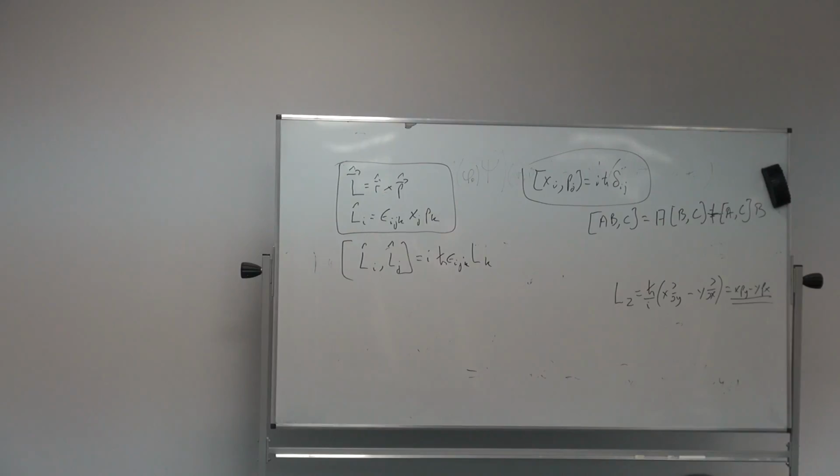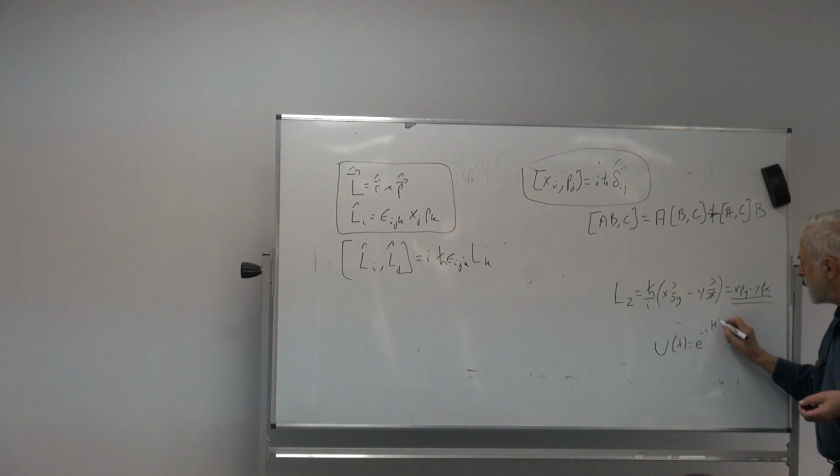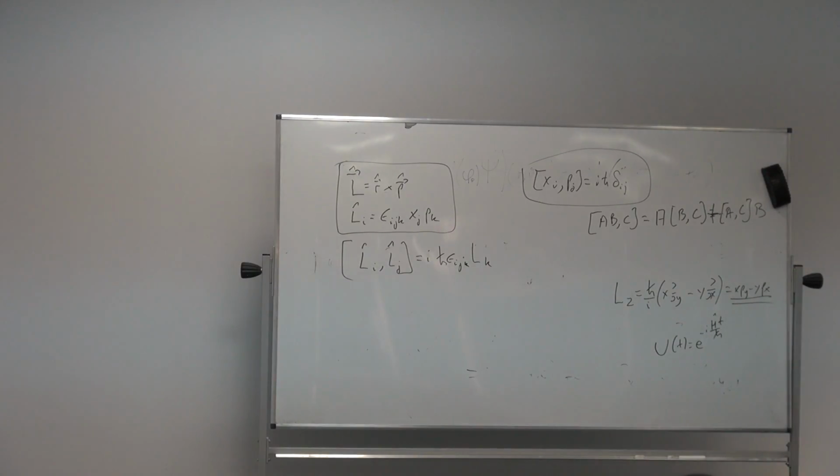But if I look at the evolution operator, I see that the same thing applies to this operator. This can be viewed in the same fashion. It can be viewed as the unitary operator amounting to the progressing time.